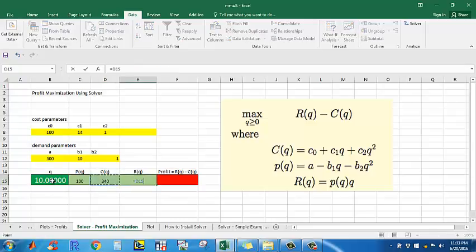Total revenue is equal to price into quantity, and total profit is equal to revenue minus costs.